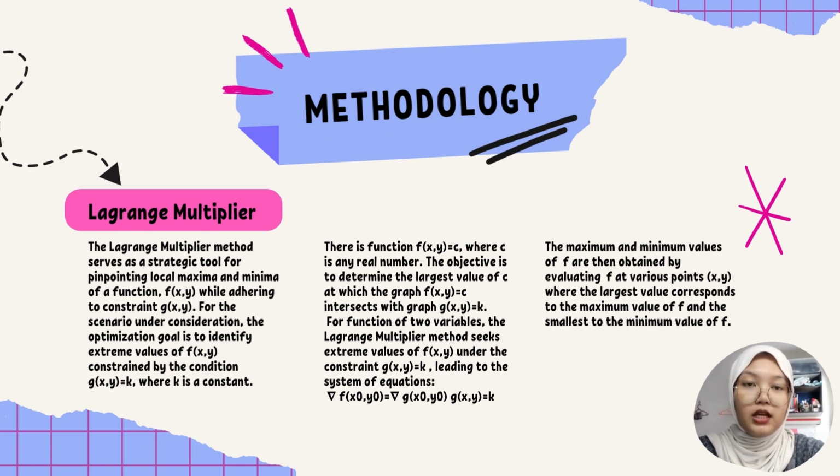There is a function f(x,y) equals c, where c is any real number, and the objective is to determine the largest value of c at which the graph f(x,y) equals c intersects with the graph g(x,y) equals k. The maximum and minimum values of f are then obtained by evaluating f at various points (x,y), where the largest value corresponds to the maximum value of f and the smallest to the minimum value of f.